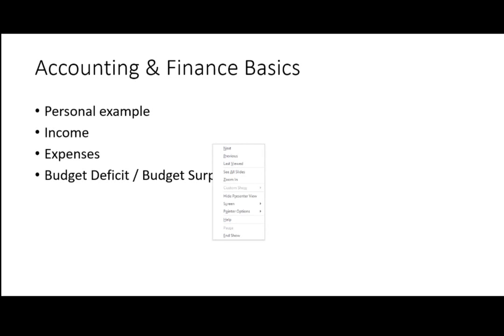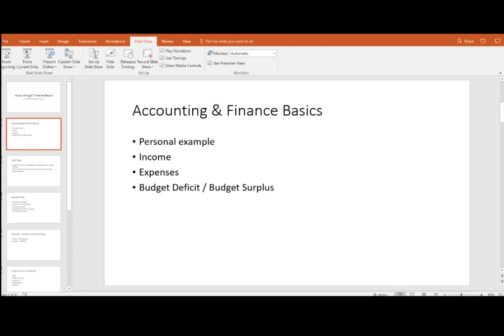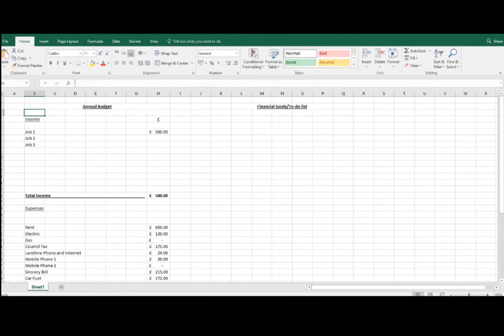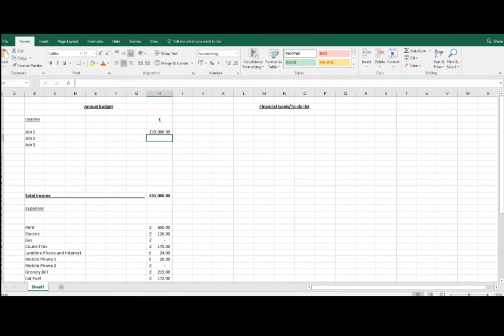Now, to demonstrate this further, if I end this slideshow and bring up a basic budget. So here we go. So this is just a basic annual budget. We have job one. Let's do £15,000, could be dollars. Job two, let's say it's 5,000. And you may have other income too.